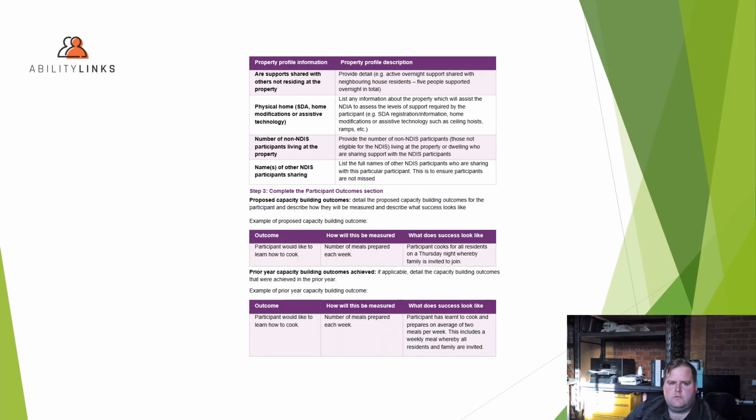And then the property profile section, that's fairly self-explanatory as well. This component just looks at how supports are being delivered, whether supports are shared with others not residing at the property.